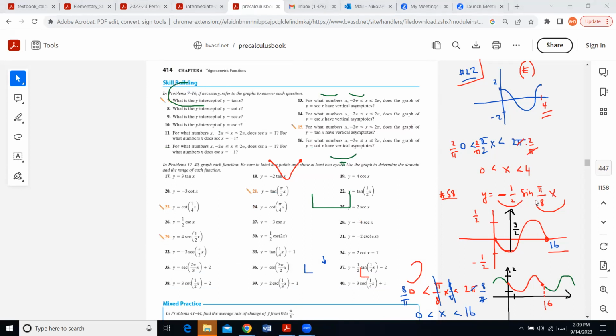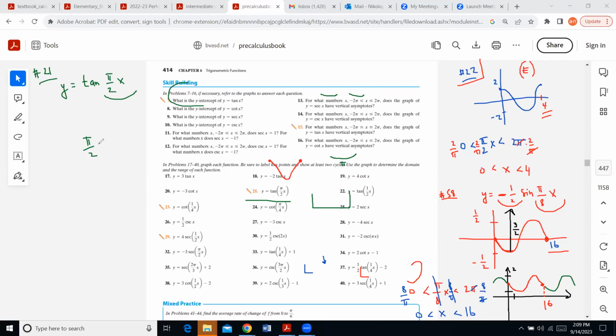So how about exercise 21 here? It deals with the tangent of pi over 2 times x. So I will be worrying about that argument, which is pi over 2 times x, and it's going to be the same exact number of steps that we performed for the sines and cosines.